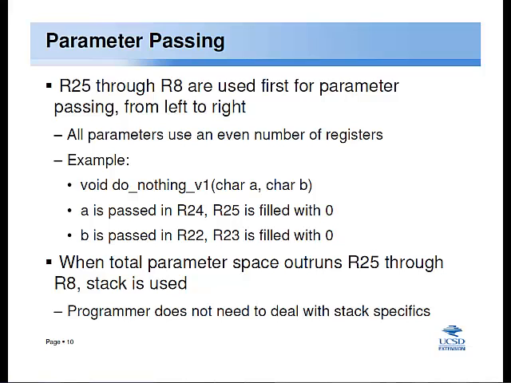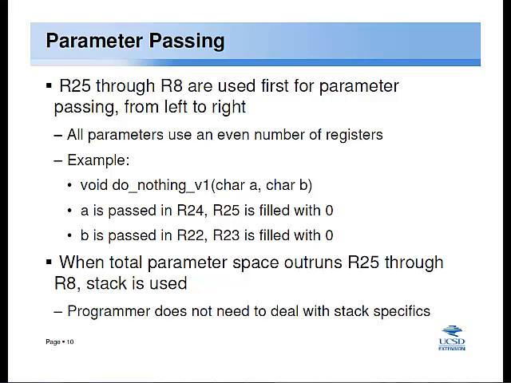For example, your do nothing function actually takes 2 parameters, and each of them I purposely define as 8 bits. It's a character variable. However, in this case, because the minimum storage for each parameter is going to be 2 registers, 16 bits, that's going to be prefilled with 0 and then get called.